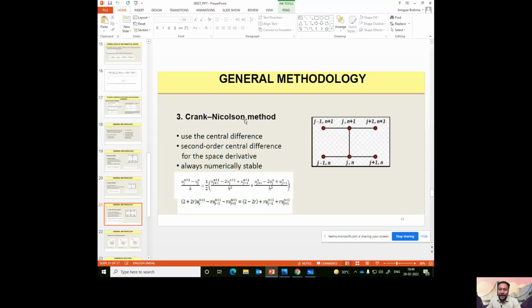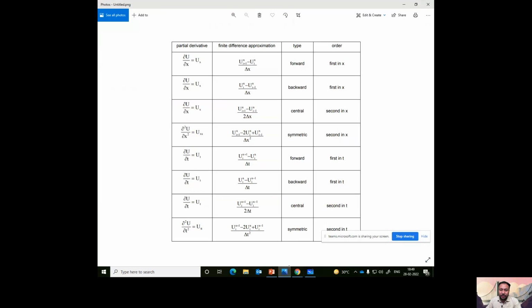Next, come up here: the Crank-Nicolson method is used for central difference. What is the central difference? This is the central difference. If I use partial differentiation with respect to x, I have to apply this discretized method. If I want to use the partial differentiation with respect to t, then I have to apply these central difference methods.